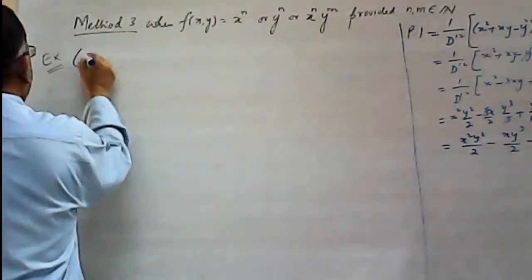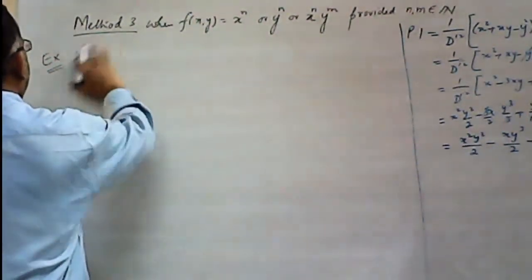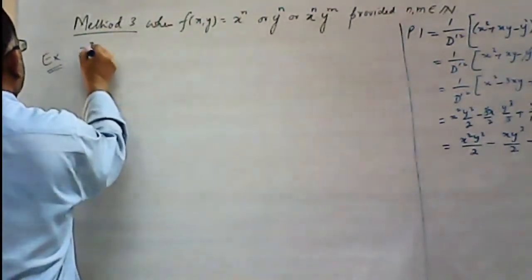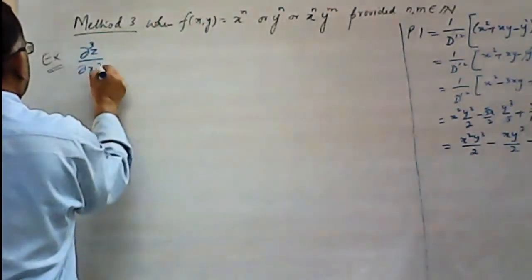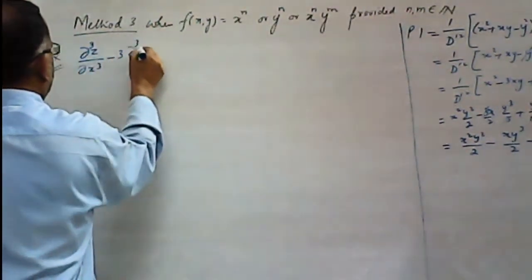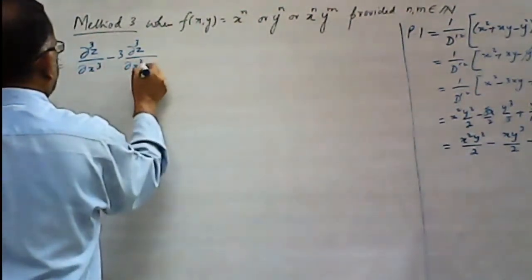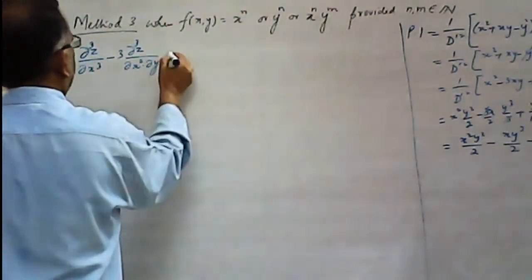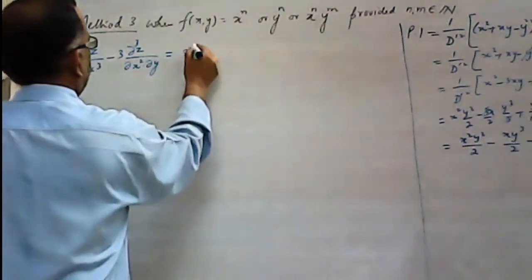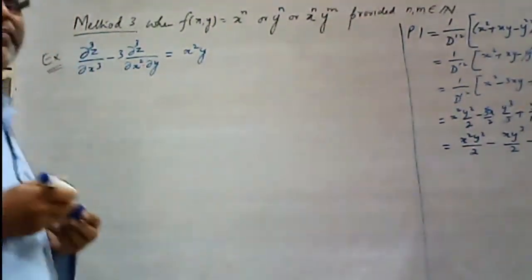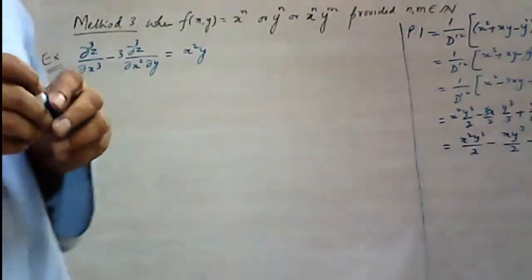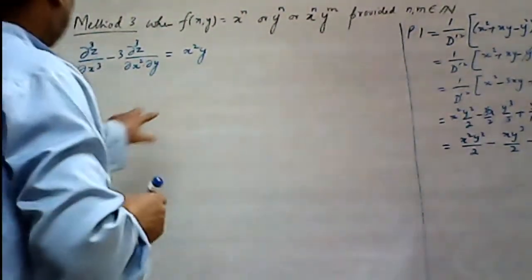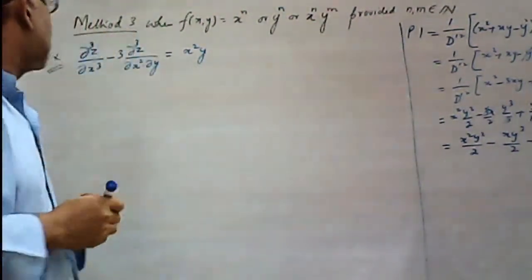we have, let me write it this way, partial cube z over partial x cube minus 3 partial cube z over partial x square into partial y is equal to x square y. Now I am just considering the product of both terms.